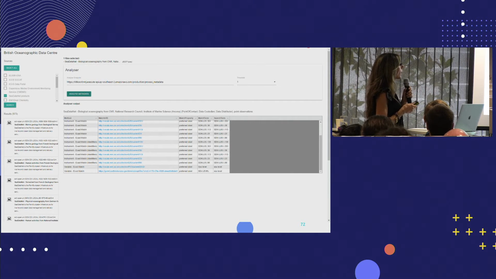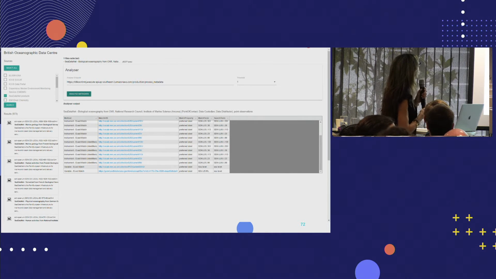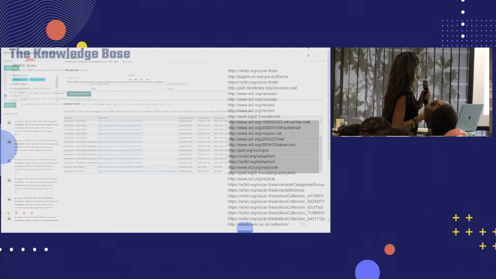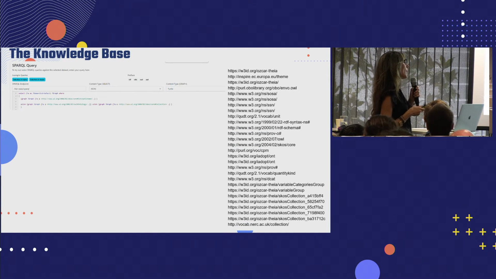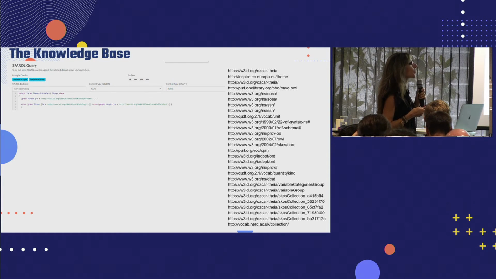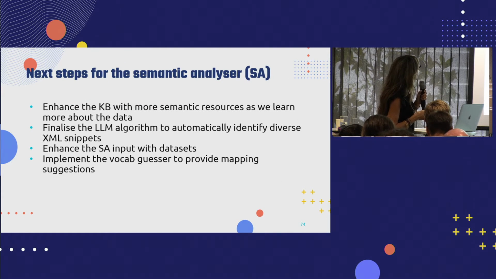The analyzer looks at a search term and tries to find a matching term in the knowledge base. The knowledge base is really a triple store that has a SPARQL endpoint on top of it. And these are some of the semantic catalogs, ontologies and semantic artifacts that we have there. Our next step is to enhance the knowledge base with more semantic resources as we learn.